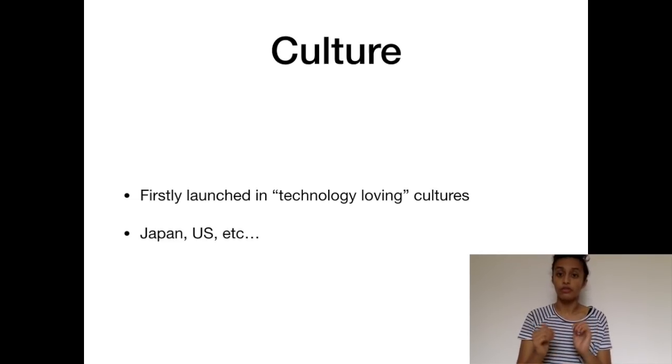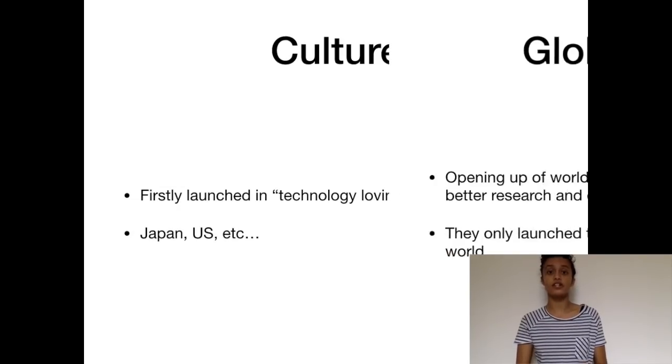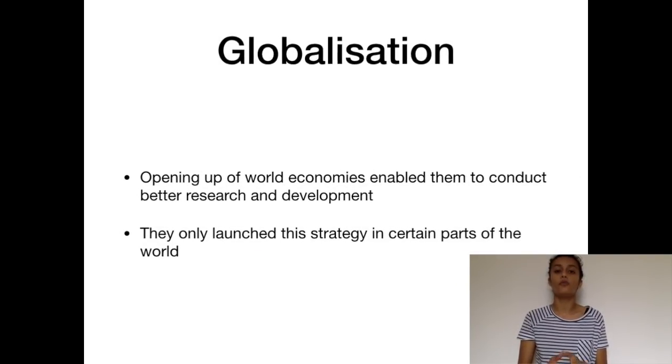And around the world, we can talk about globalization, because with the opening up of world economies, they were able to improve research and development, because they were able to get researchers from all around the world to develop the technology for this new strategy. And they would only launch this in certain parts of the world.